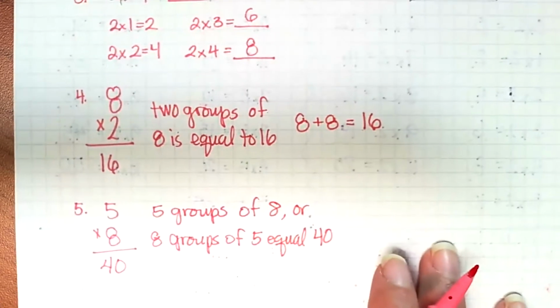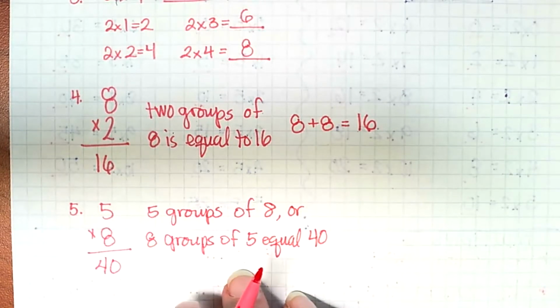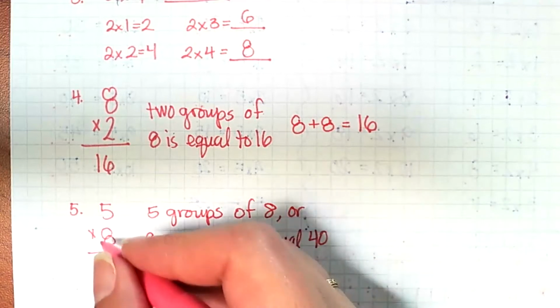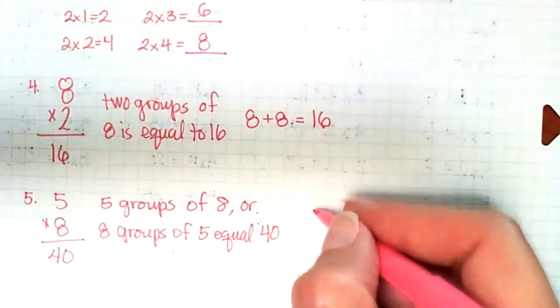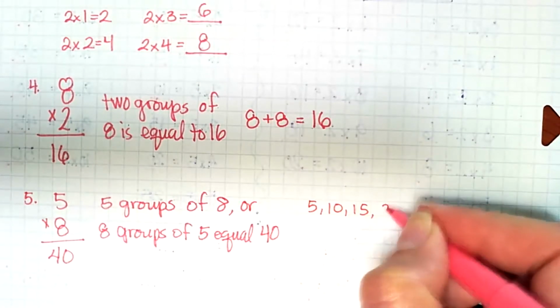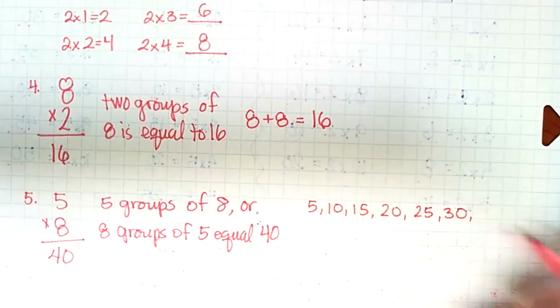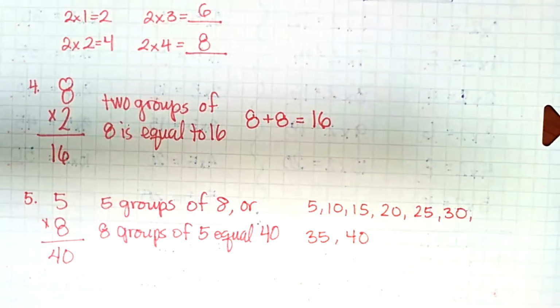For number 5, we have 5 times 8. So we know if we have 5 groups of 8, we can skip count by 5, 8 times, because we know how to skip count by 5. So that one's easy. We can go 5, 10, 15, 20, 25, 30, 35, 40.